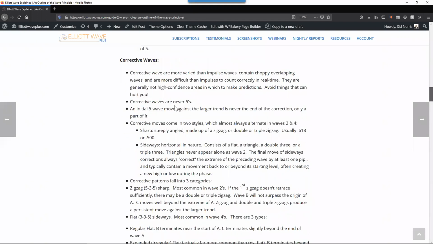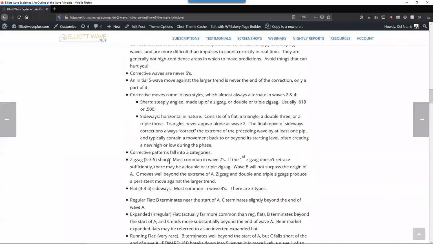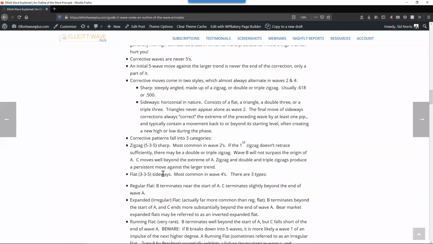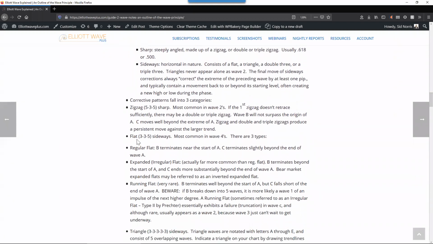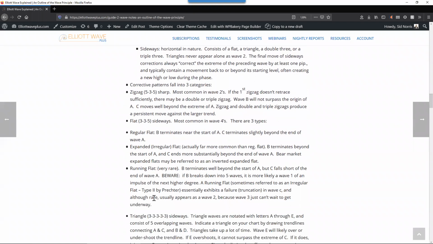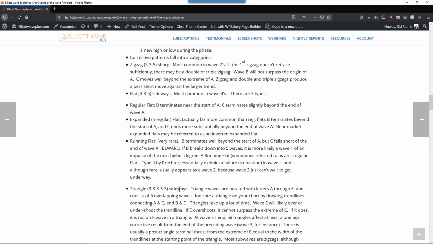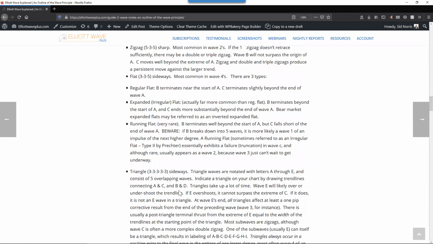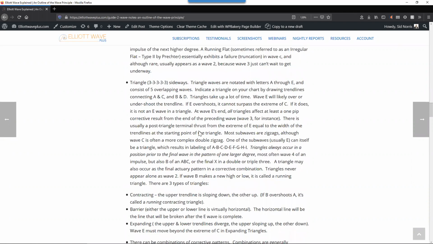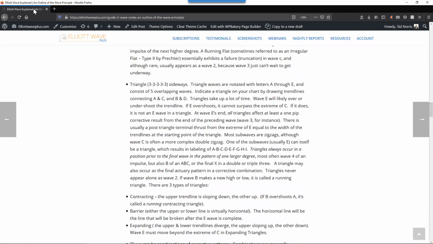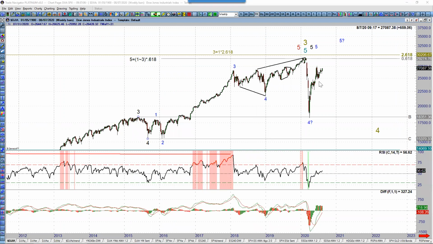There's zigzags, there's flats, there's several kinds of flats, there's triangles, and there's also something called combination correction. So if we're going to be moving into a wave 4 here, based on this wave count that we've been developing live, there's a number of possibilities.